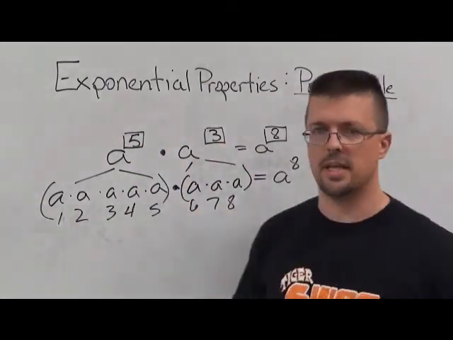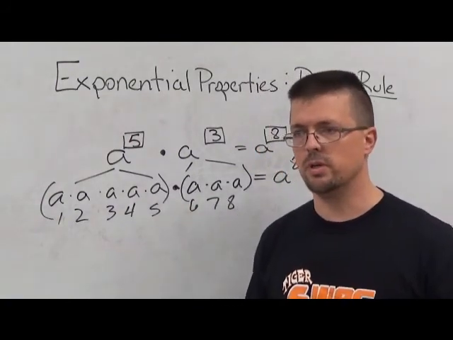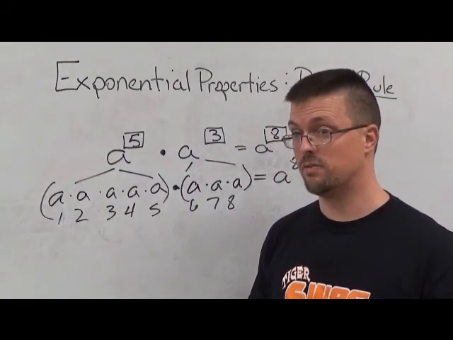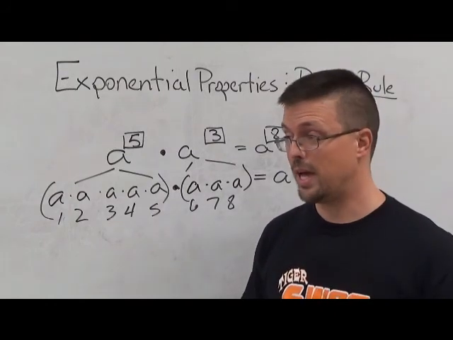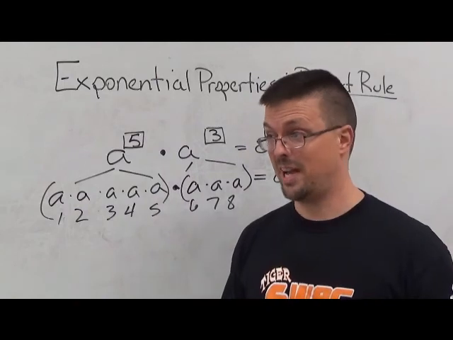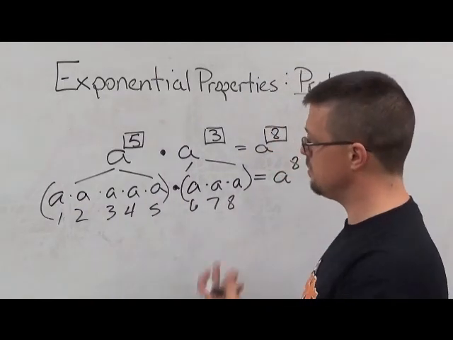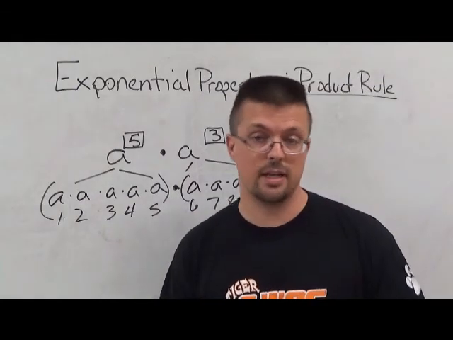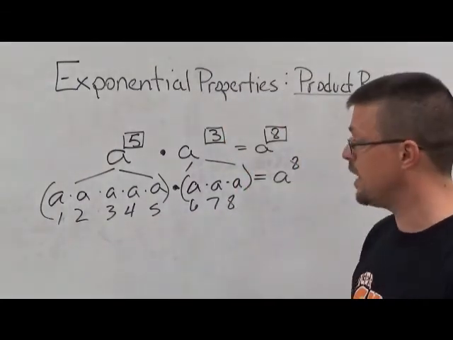On our last example, we had a 4 and a 2. Well, our answer is x to the sixth power. Well, what can we do to 4 and 2 to get 6? We add them. That is the pattern on the product rule. It's actually that simple. Your simplest problems on the product rule are these types of problems where you're just adding together your exponents and keeping the base.